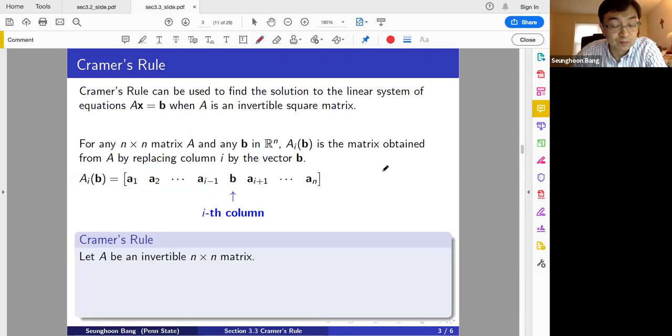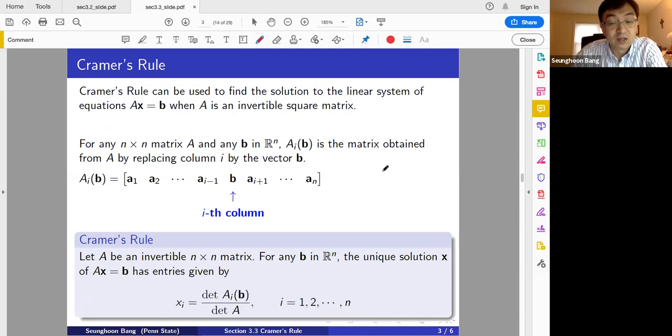As Cramer's rule: let A be an invertible n by n matrix, for any vector B in Rn. The unique solution vector x of Ax equals B has entries given by the determinant of A_i(B) over the determinant of A. This is exactly xi.